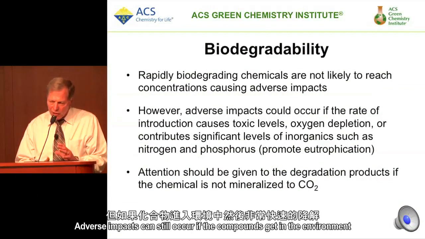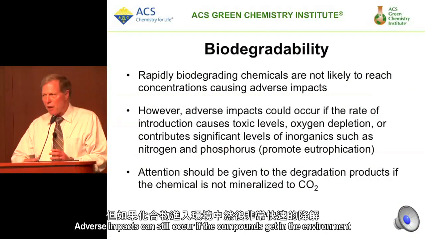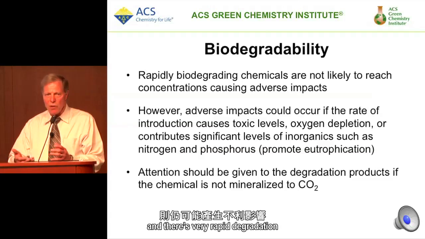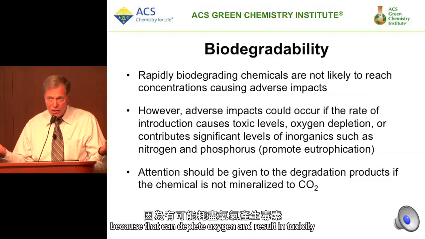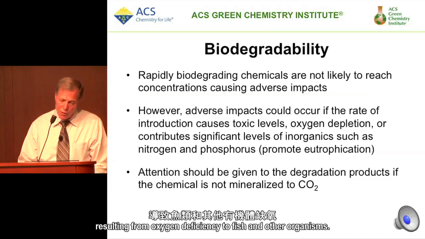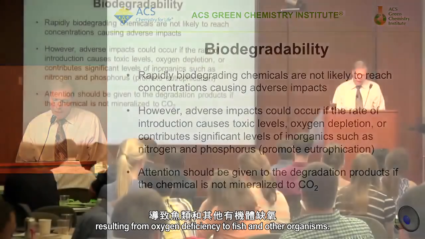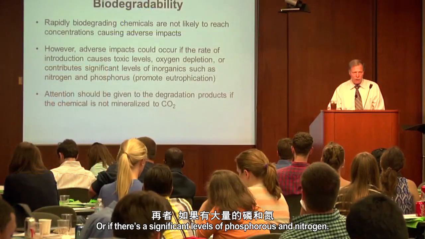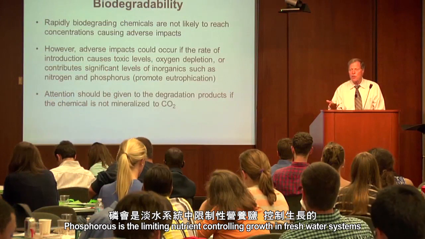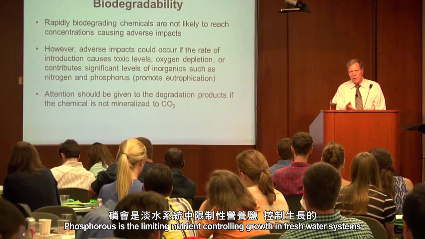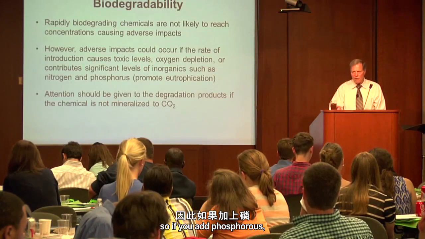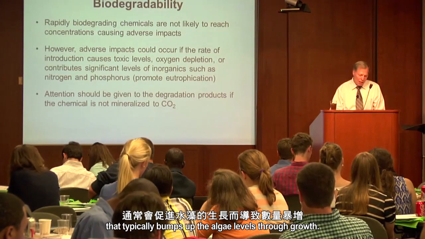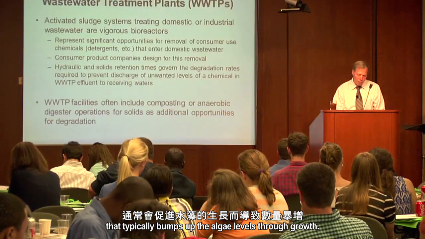Adverse impacts can still occur if the compounds get in the environment and degrade very rapidly, because that can deplete oxygen and cause toxicity from oxygen deficiency to fish and other organisms. The same goes if there are significant levels of phosphorus and nitrogen. Phosphorus is the limiting nutrient controlling growth in freshwater systems, so if you add phosphorus, that typically bumps up algal growth.